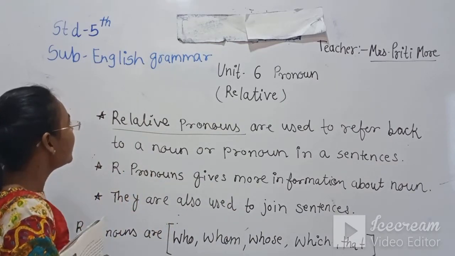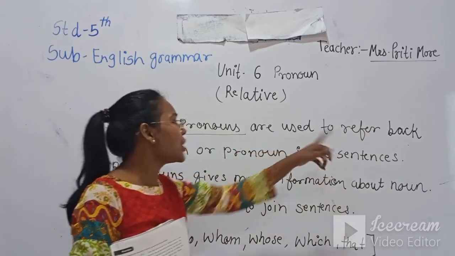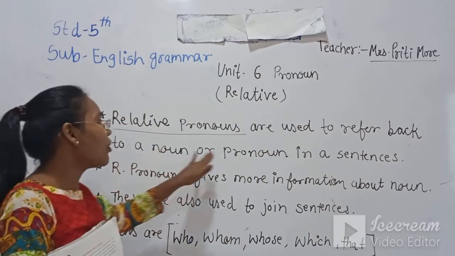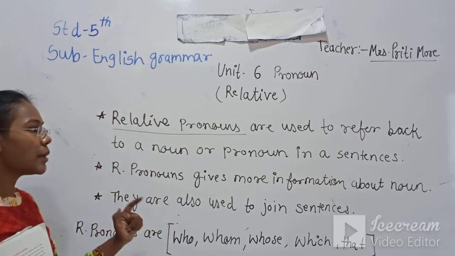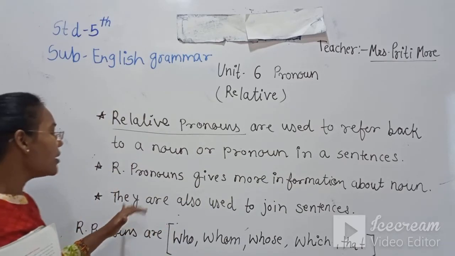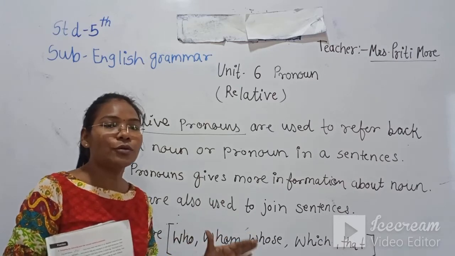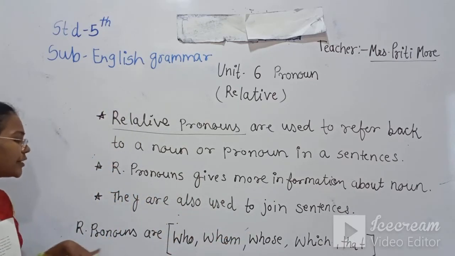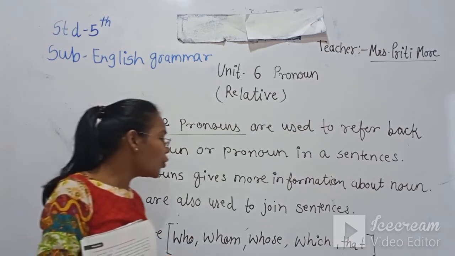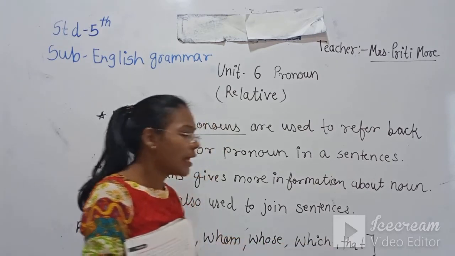Again I just repeat, relative pronouns are used to refer back to a noun or pronoun in the sentence. Even it gives us more information about the noun or pronoun, and we use the relative pronoun to join two sentences. The relative pronouns are who, whose, which and that.